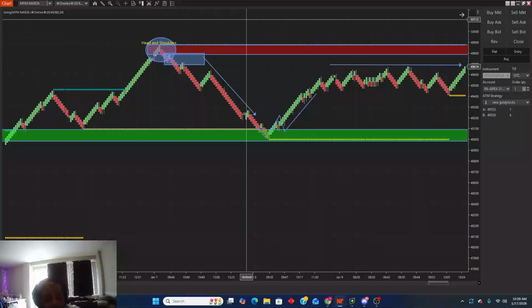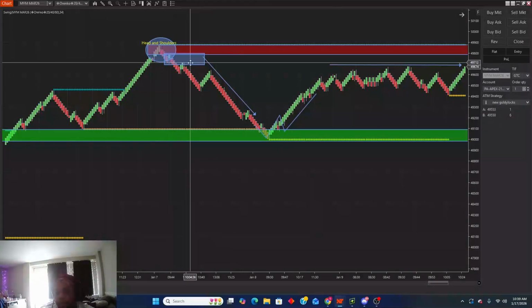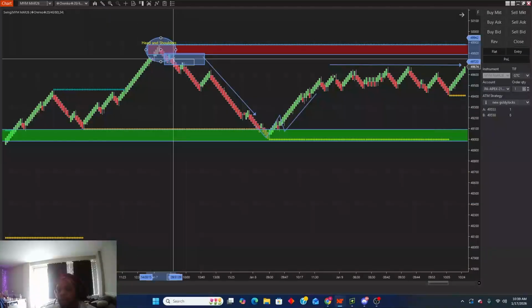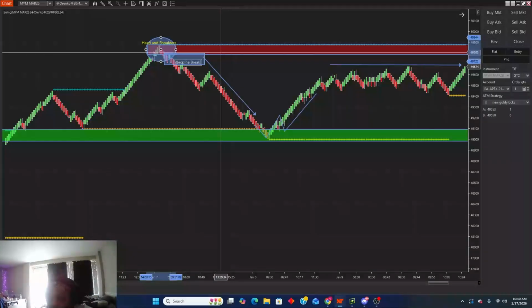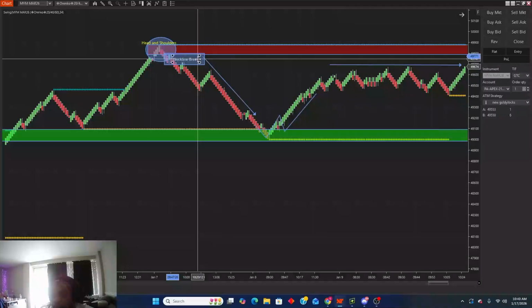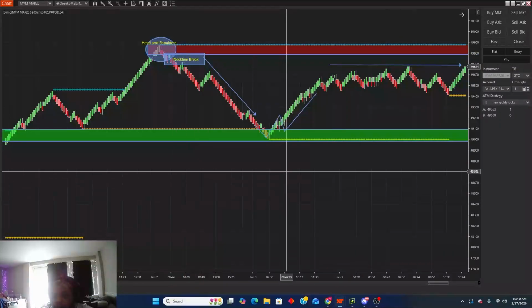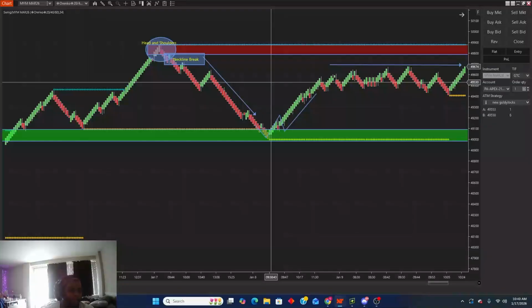Yellow. Head and shoulders. Neckline break. That's an entry point.